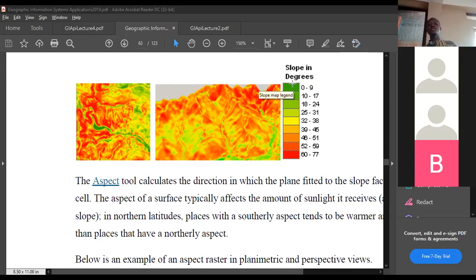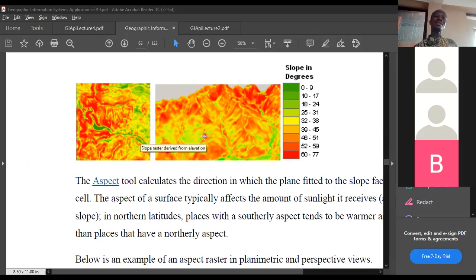Here you can see that the green areas have a slope of 0 to 9. So you go on the image and look for green areas. The right hand side is a 3D rendering of what is on the left hand side. The left is a raster, but it has not been rendered.